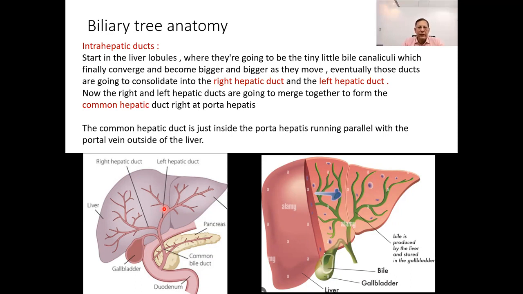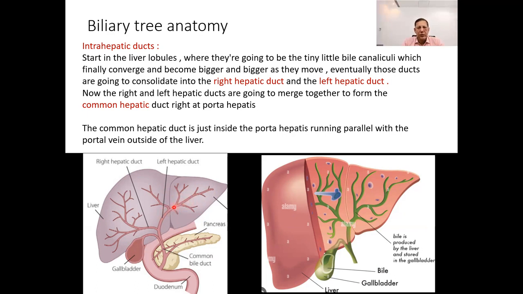juice. So initially, the biliary ducts which are carrying bile produced in the hepatocytes are very small and tiny in humans, and they are called biliary canaliculi. These biliary canaliculi carry the bile to larger ducts, which are called biliary ductules.